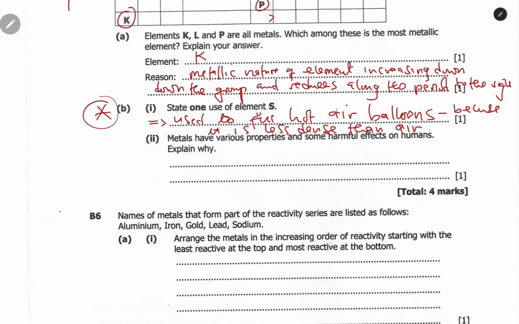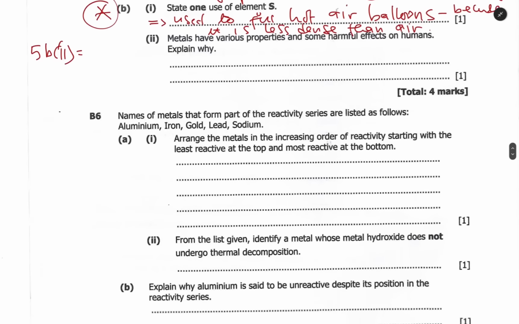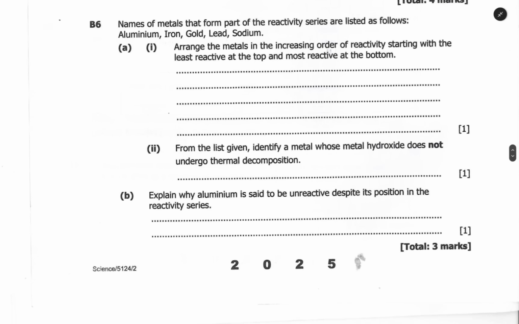So this is question 5, B2. When you're answering, you indicate question 5, B2 and put your answer. I'll expect the answer in the comment section and everyone will be able to learn from you. So please make sure that you answer this question. Let us proceed to question 6.